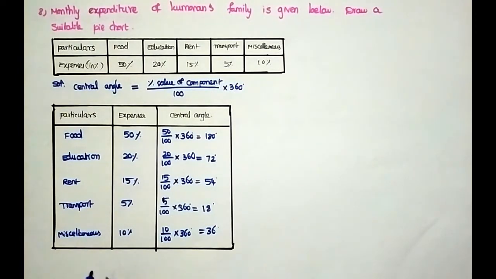Now the total, here 100 percentage and here 360 degree. Now we have to find out the pie chart. Draw the pie chart and find out the answer for the given question.